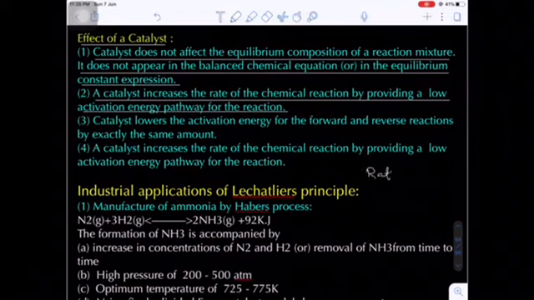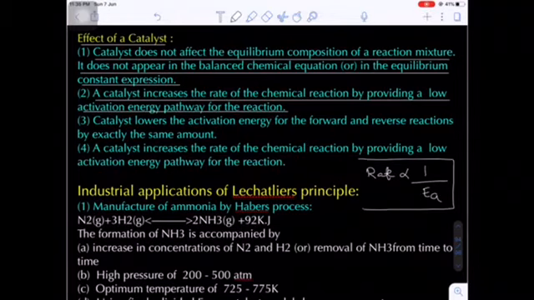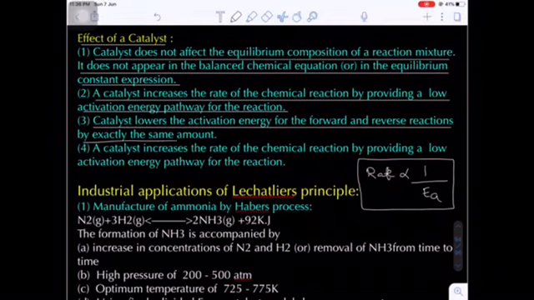This is very important. The detailed explanation we will see in the chemical kinetics chapter. The activation energy is the minimum energy required for any reaction to occur. A catalyst lowers the activation energy for forward and reverse reactions by the same extent. This is very important.